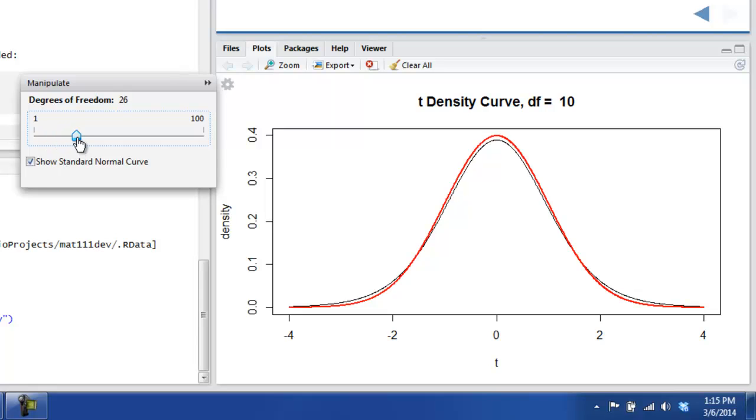Let's move the degrees of freedom up to, say, 30. At this point, I can barely tell with my naked eye the difference between a t-curve with 30 degrees of freedom and the standard normal curve. At 100 degrees of freedom, I don't think anyone could tell a difference.